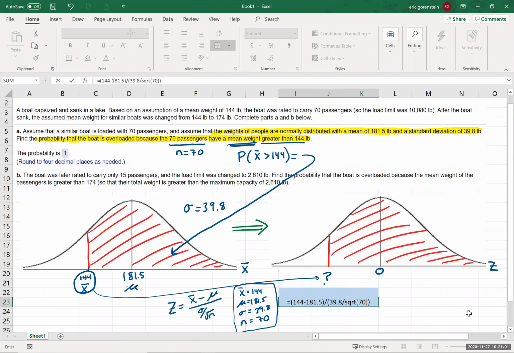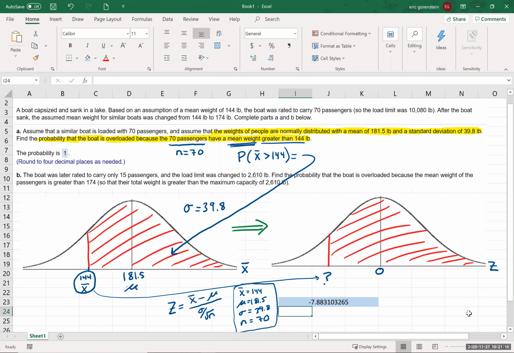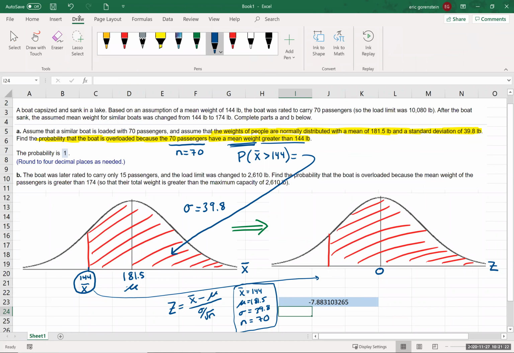Okay, so this is what I have written in blue to the left, just typed into Excel. So that will convert our normal distribution into a standard normal distribution. Okay, so now I could get rid of that question mark, and that z-score is negative 7.88.